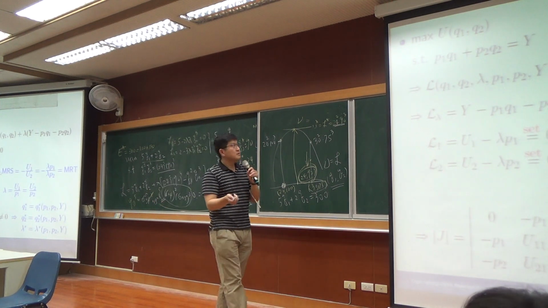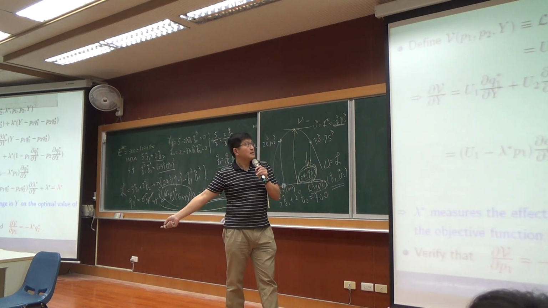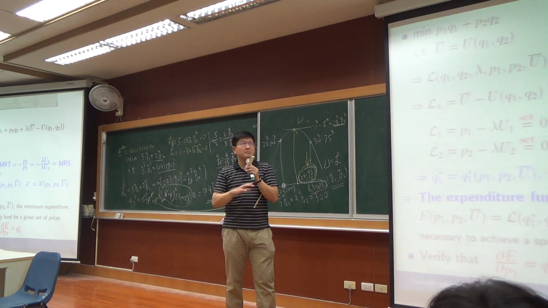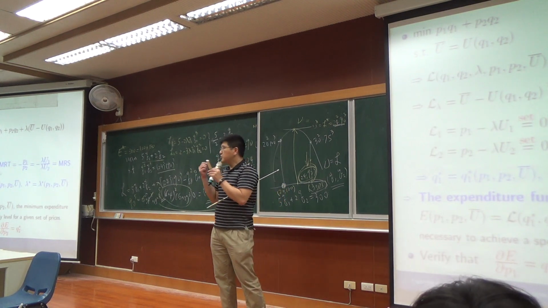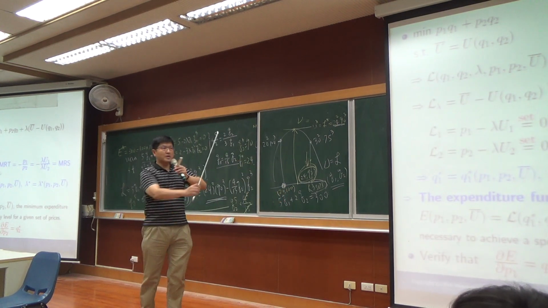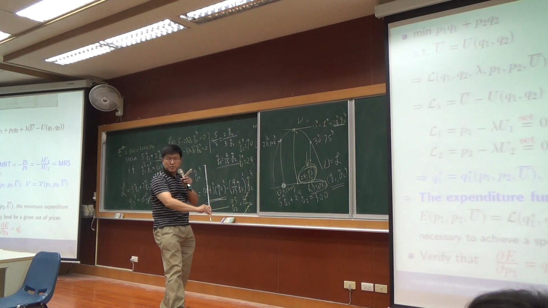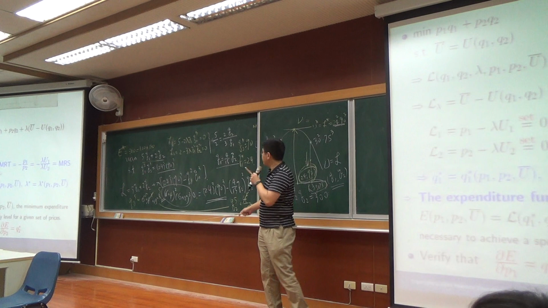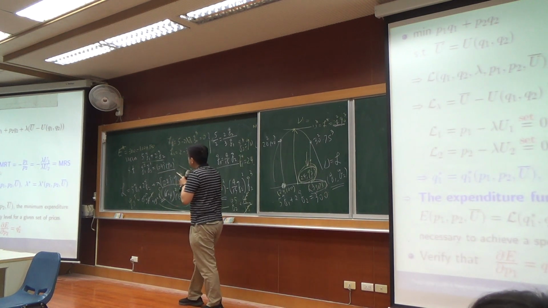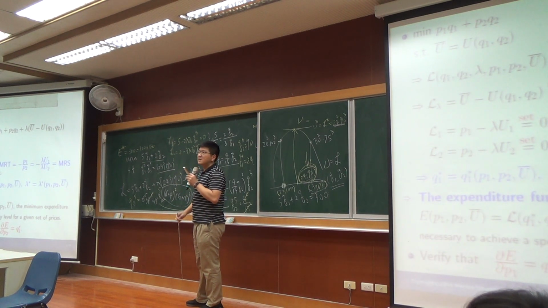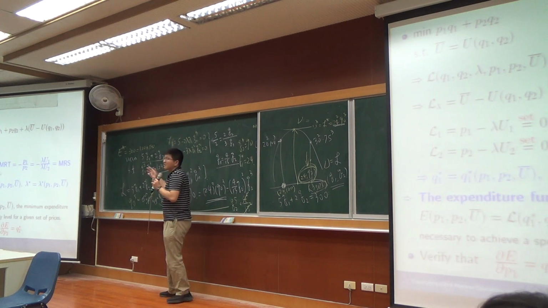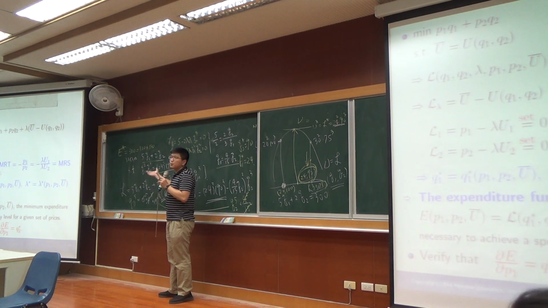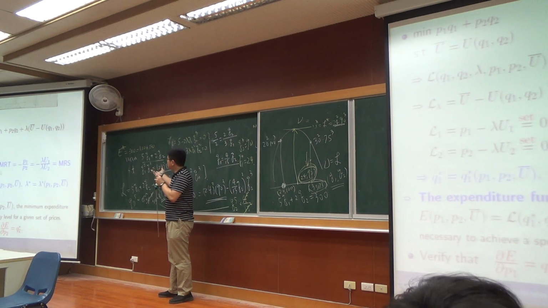But now, we reverse the problem here. I want you to minimize the expenditure, so that the requirement of the utility function is this. So the result in the previous problem is now the requirement I want you to reach.